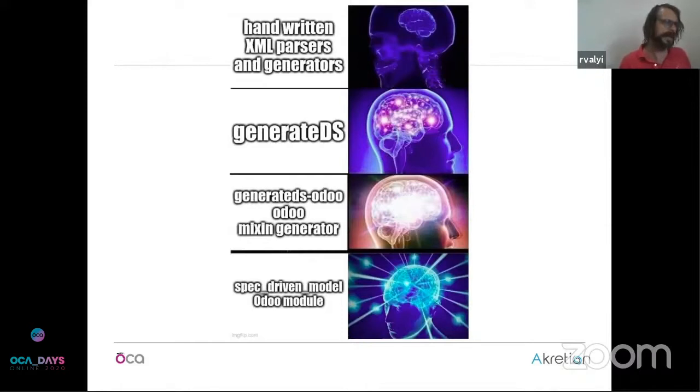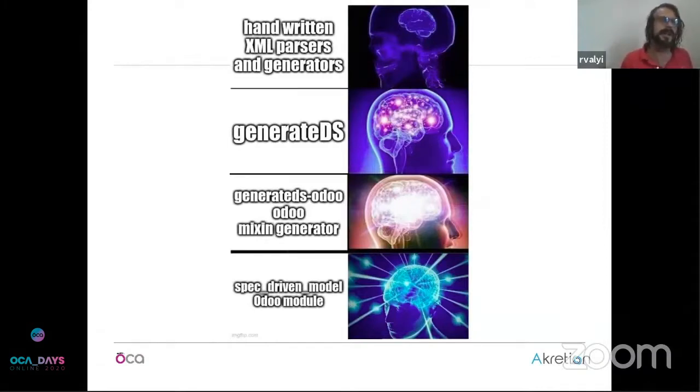And the next level, well, first, generally people write the code by hand to generate the XML or to import it. And in many situations, it's okay, but not all. I'll give a good example.